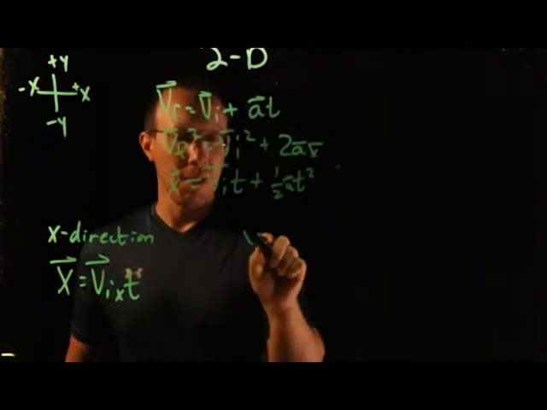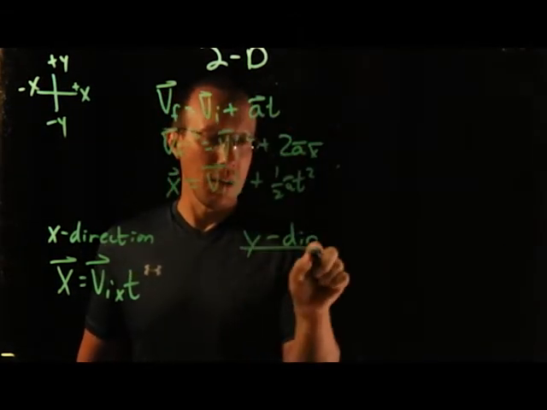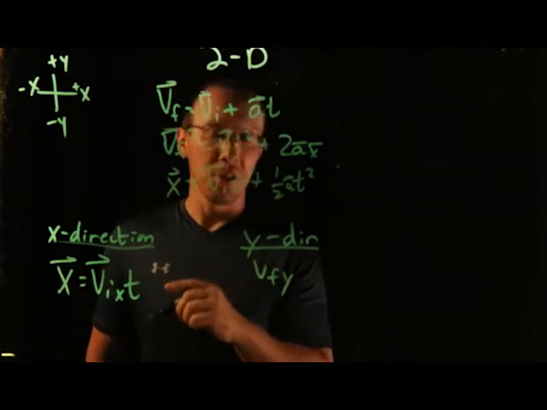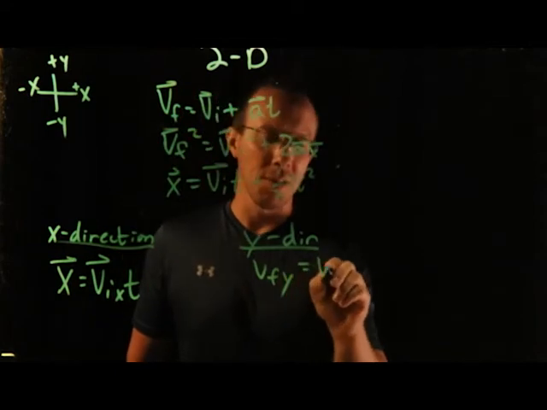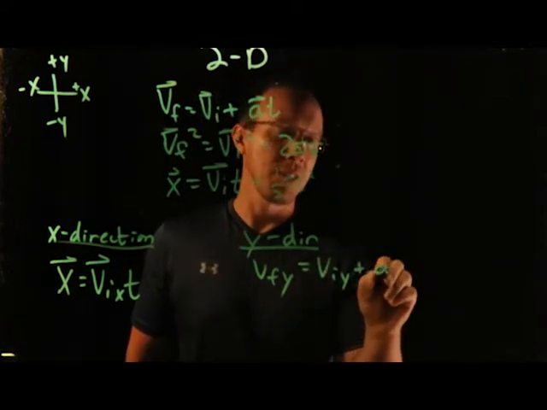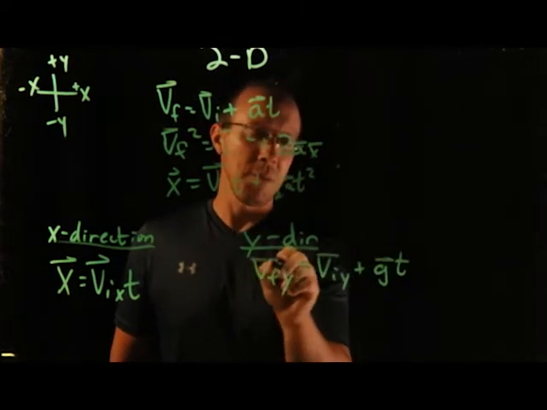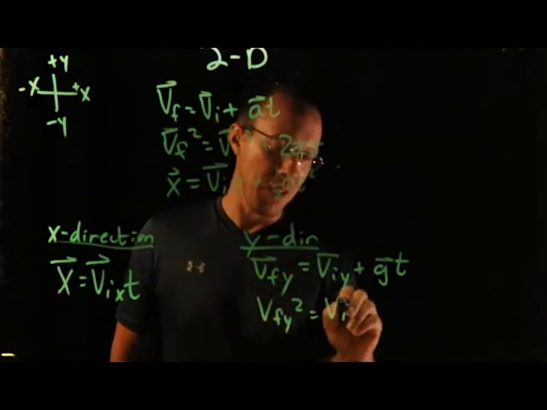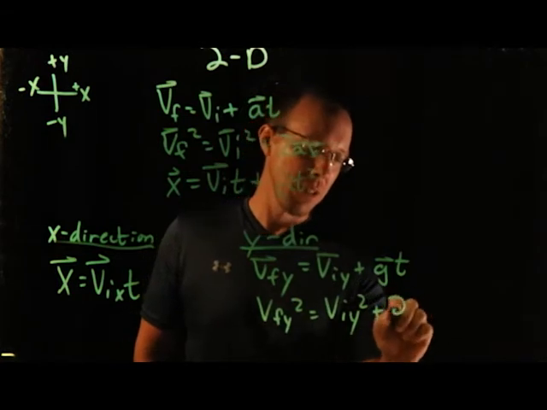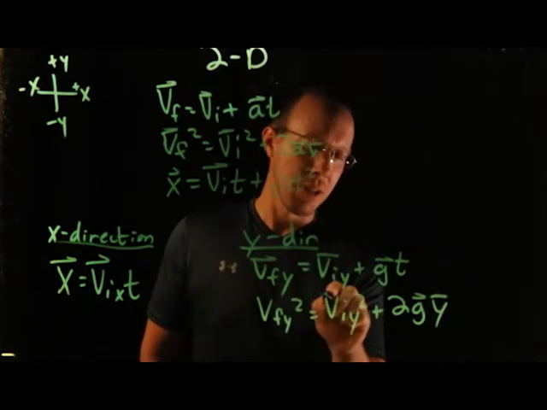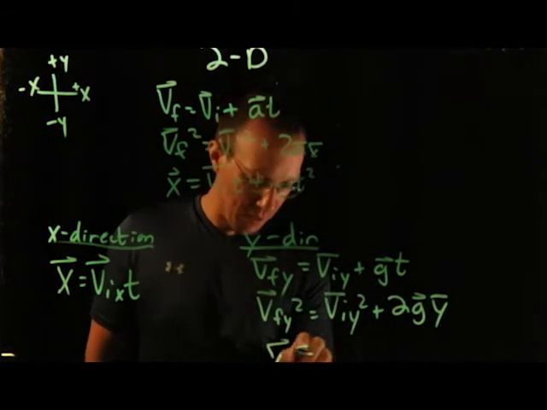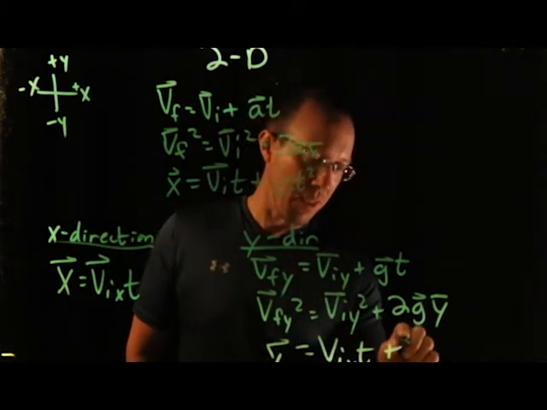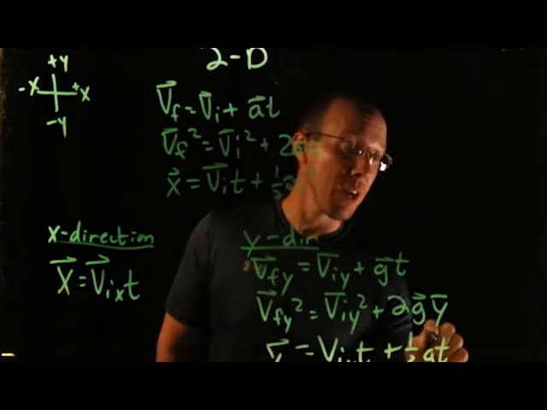So we're going to have VFY, make sure you write that it's the y direction, equals VIY plus GT. Time's going to be the same for both. VFY squared equals VIY squared plus 2GY. And then y is equal to VIYT plus 1/2 GT squared.